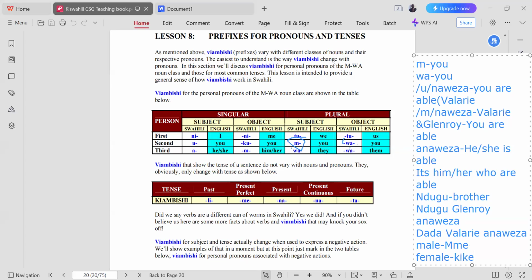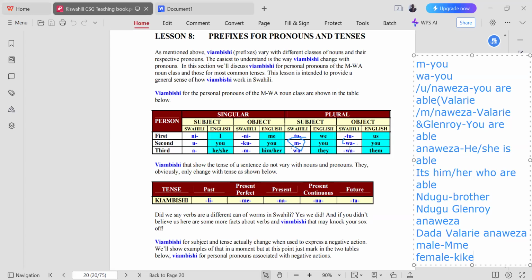So Swahili does not have the words he or she. Mume is a male, so either a male animal or a male person or male plant is kiume. Any female is kike, so either a female cow or a female person is kike.